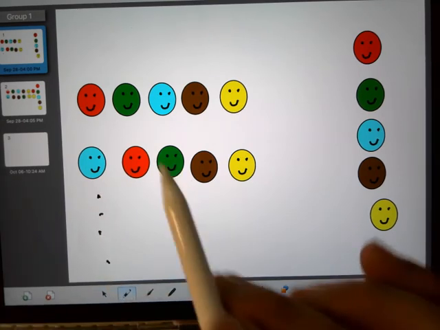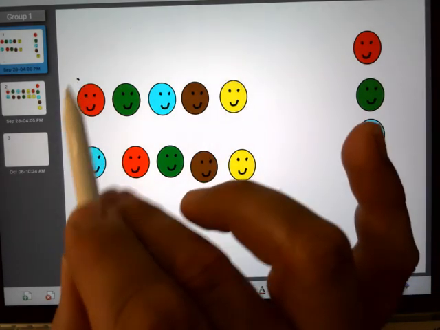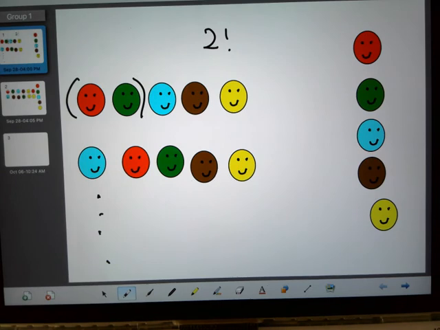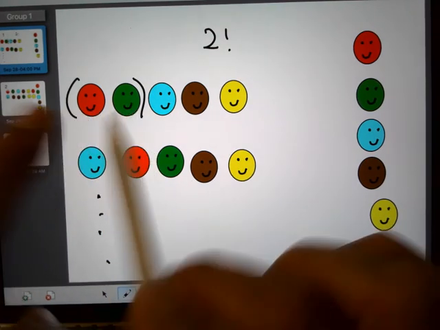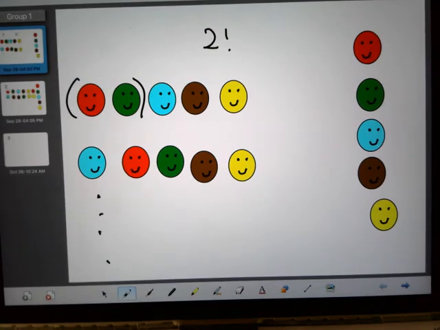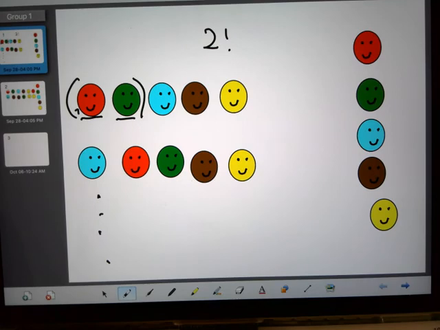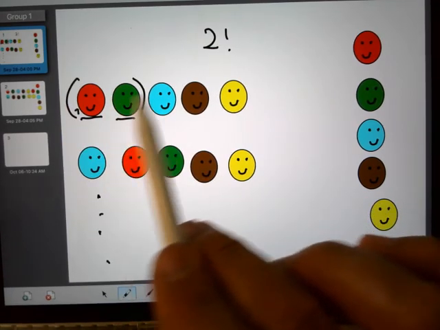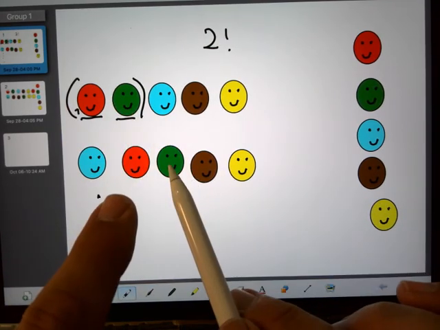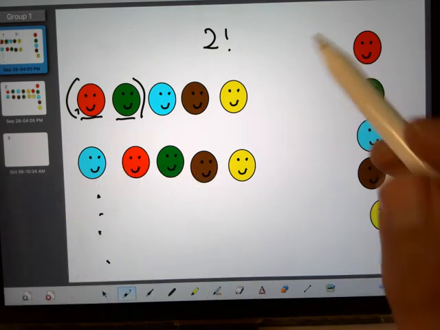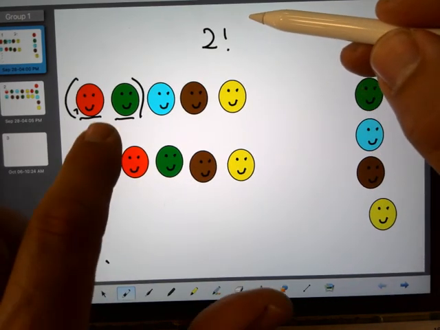So the first thing you need to do is take this group. That would be your 2 factorial, because these individuals within the group can switch. That would be 2 times 1, because they can switch, but they need to stay together within the group. So in this case, there's only one group.